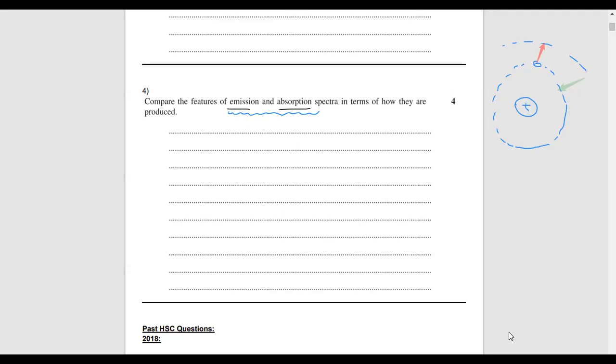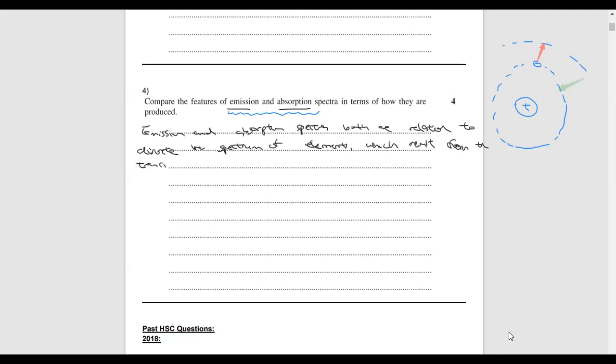So something along the lines of: emission and absorption spectra both are related to the discrete line spectrum of elements, which result from the transition of electrons between the stationary states of the atom according to Bohr's model. So you can use Bohr's model as an example.